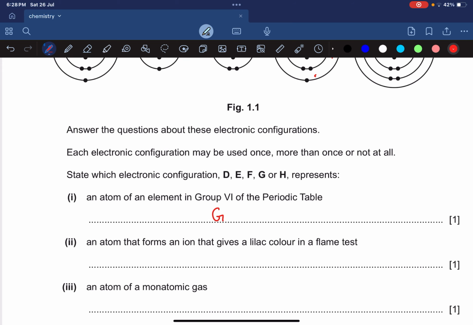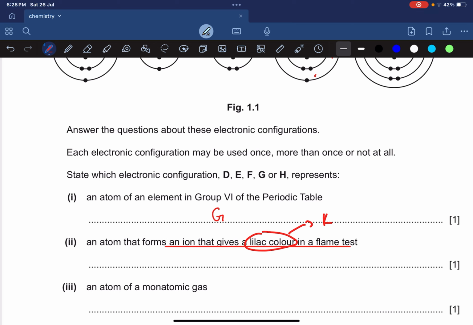An atom that forms an ion that gives a lilac color in a flame test. These questions can be tricky for some, but not for the smarter kids. Why not? Because you know that lilac color is given by potassium, since you have learned the flame test. Lithium gives red, sodium yellow, lilac is given by potassium, then orange-red by calcium, light green by barium, and blue-green by copper.